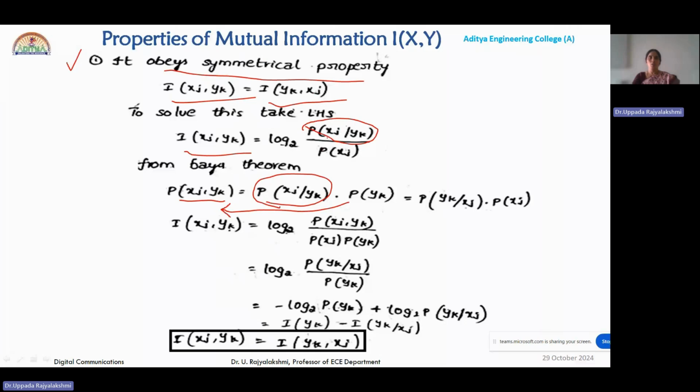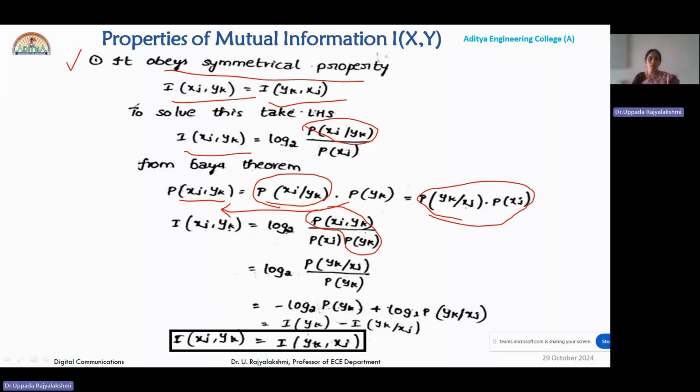Let us replace P(xj|yk) with P(xj,yk) by P(yk). So in log P(xj|yk), we have rewritten this as P(xj,yk) divided by P(yk).